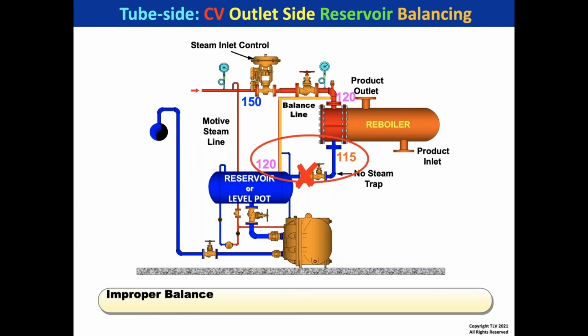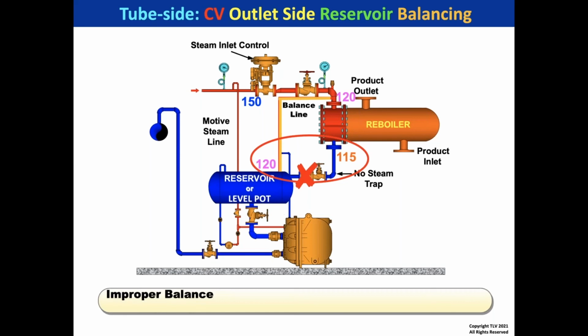If that level pot or reservoir is really close to the reboiler, it's not a sufficient fill head to get flow. Now here's a difference between a level pot and a pump trap, a level pot and a reservoir. If you have a lot of filling height, so let's say the reboiler is 20, 30 feet overhead and the level pot is at grade, you can fill that level pot because you'll make up for the difference of the pressure.